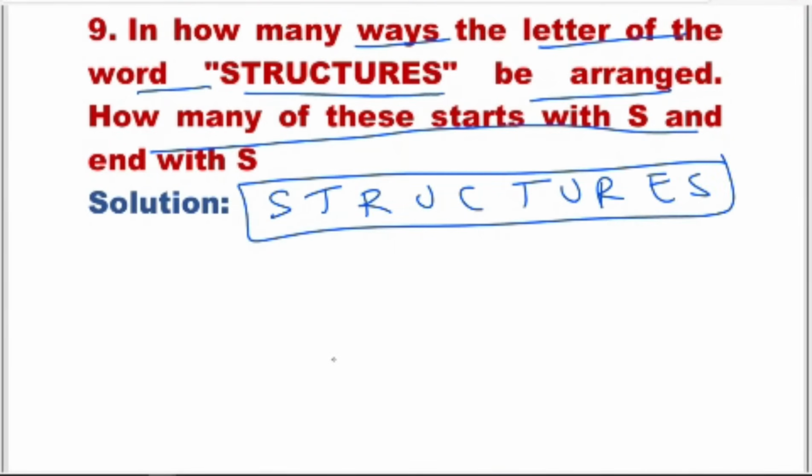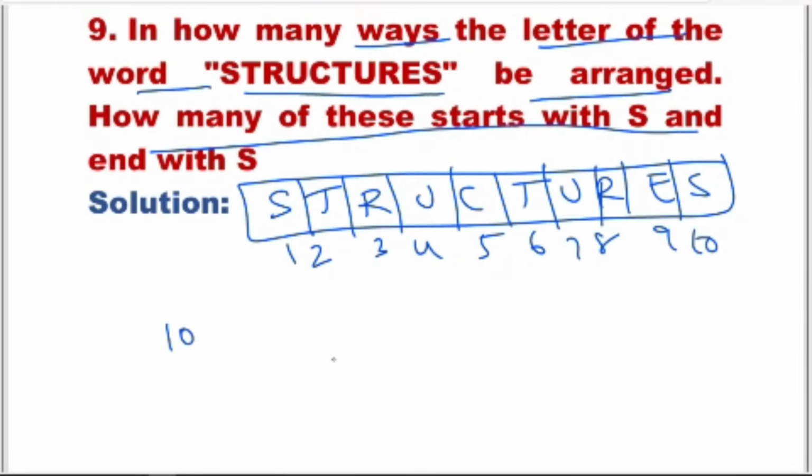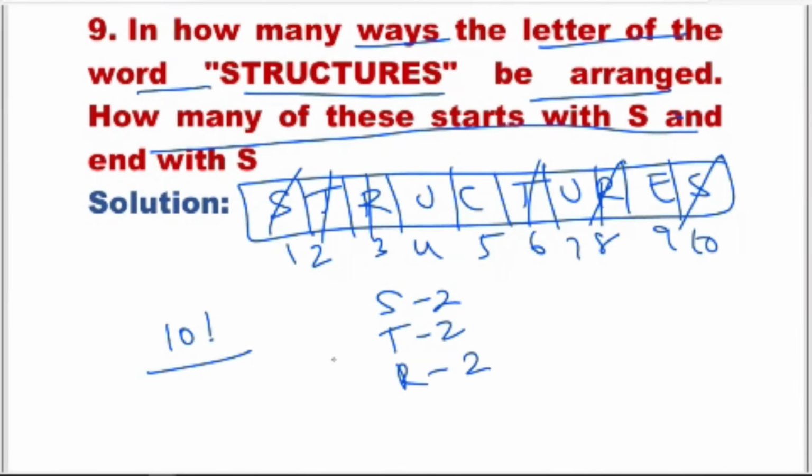So how many letters do we have? We will write it out first and then count: 1, 2, 3, 4, 5, 6, 7, 8, 9, 10. So we have 10 factorial divided by the repeated letters. S is repeated two times, T two times, R two times, and U two times.